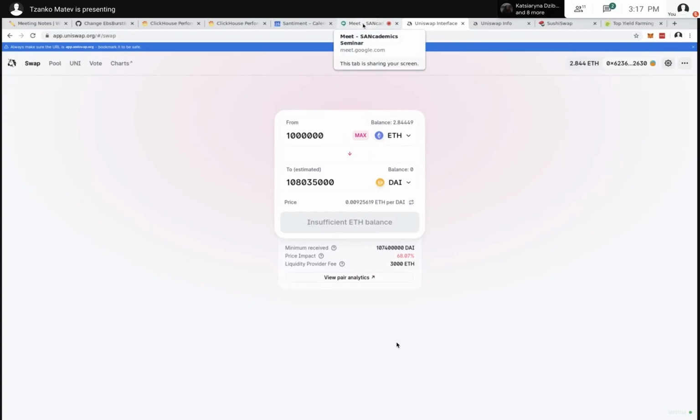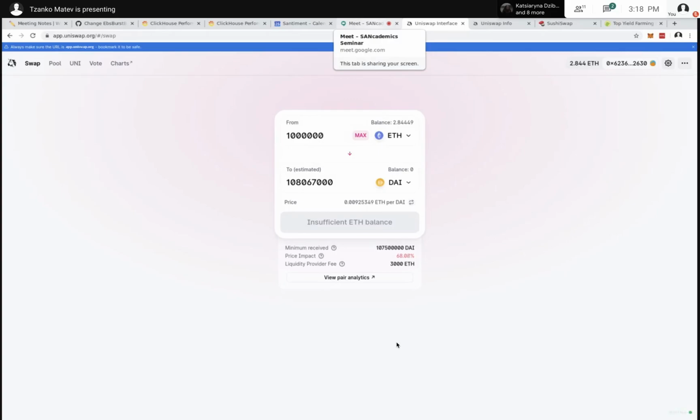Also, we have new DEXes. Black hole is the same as Curve, but with a difference: it uses Compound as a liquidity source. If you try to go beyond the liquidity limits, this protocol automatically goes to Compound, gets another token, and moves that token to you.